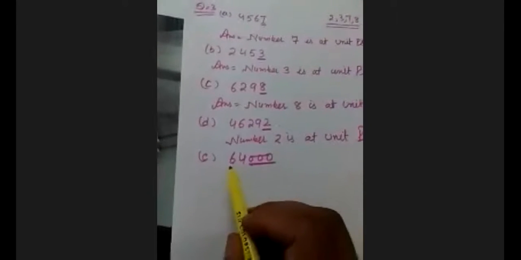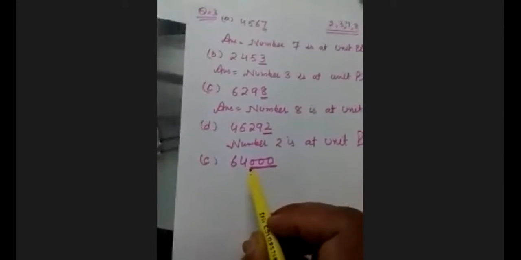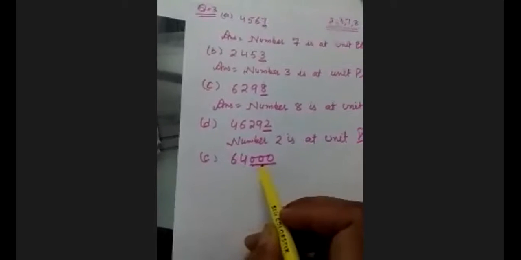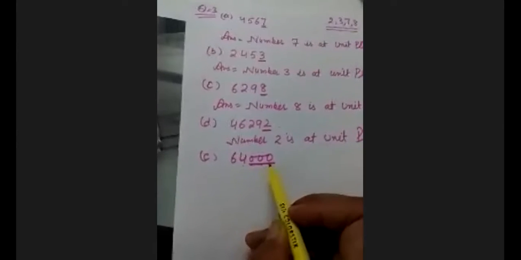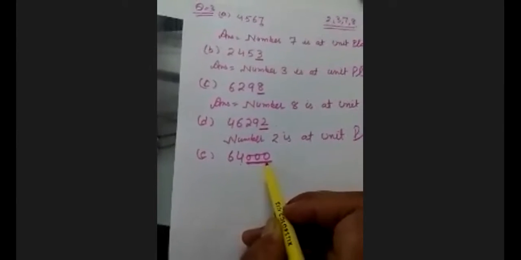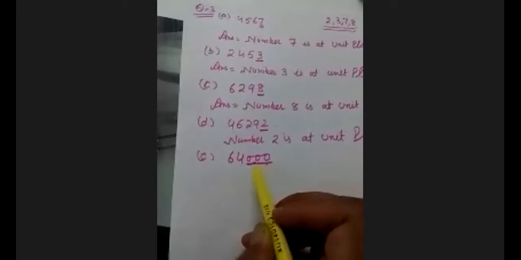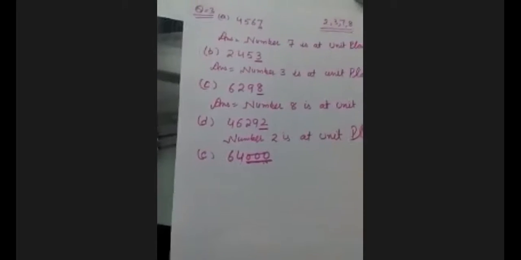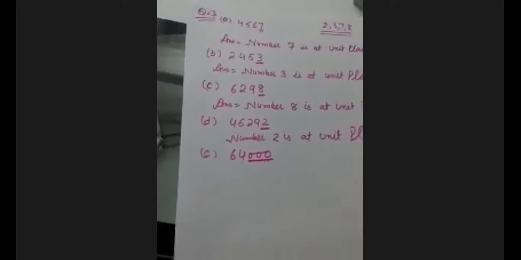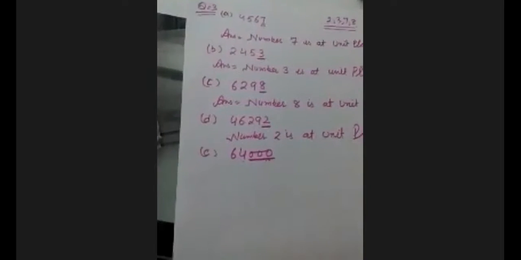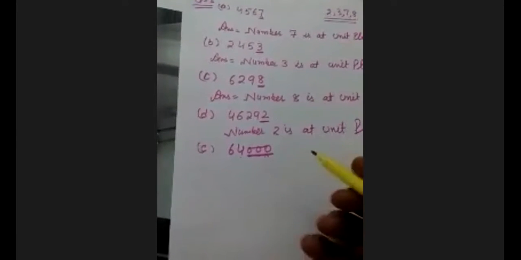Now here we have 64,000. Count the number of zeros: 1, 2, 3. 3 is an odd number. So it means 64,000 is not a perfect square.